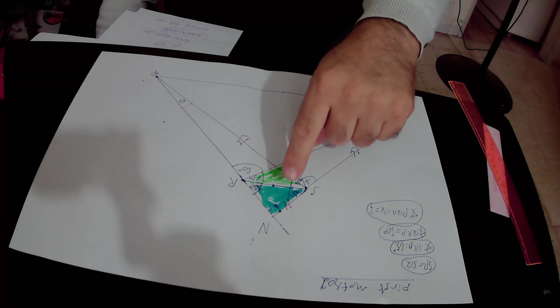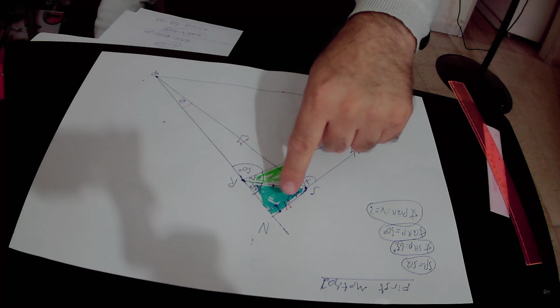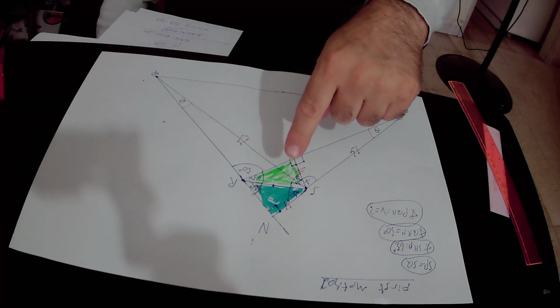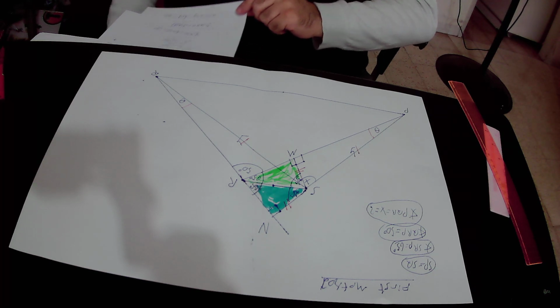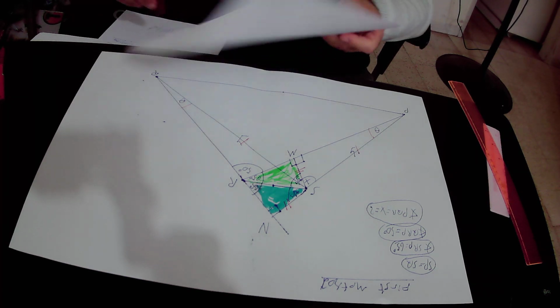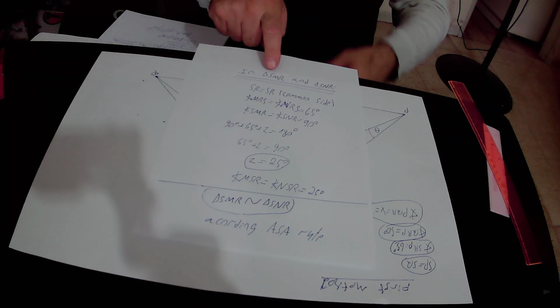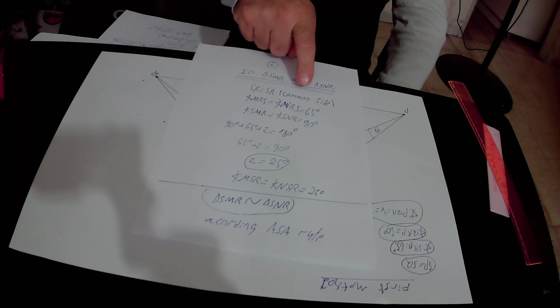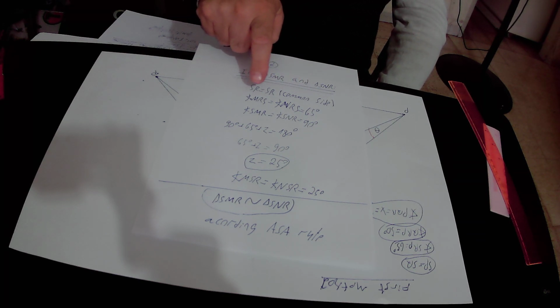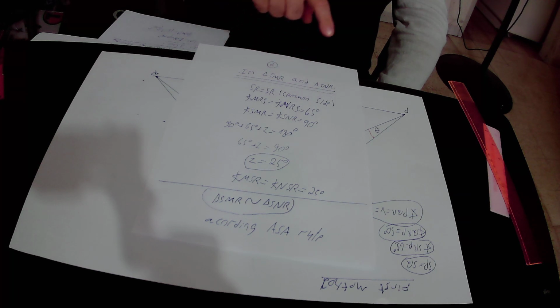And we have also those two angles that are right angles, equal to 90 degrees. So we have the common side SR equals SR, those two angles equal to 65 degrees, and those two angles equal to 90 degrees.